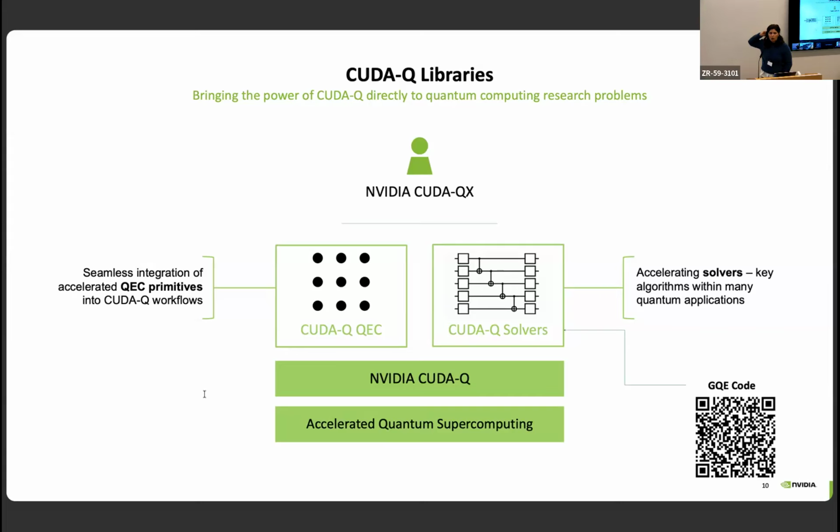For example, for quantum error correction, we have CUDA-Q QEC. And for material science or chemistry, we have something called CUDA-Q Solvers. In fact, the GQE code that I'll be talking about today can be found under this CUDA-Q Solvers library.